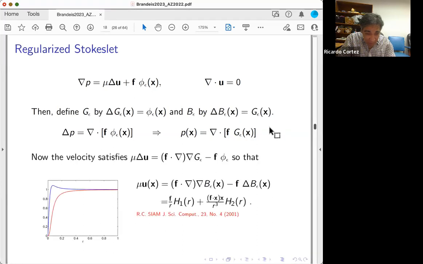And with those, I can find the formula for what we call the regularized Stokeslet. And so these will look like a Stokeslet far away from the force, but at the point of the force the solution is now finite, and there are no singularities. So that was the idea. I guess this has been more than 20 years ago now for regularized Stokeslet.